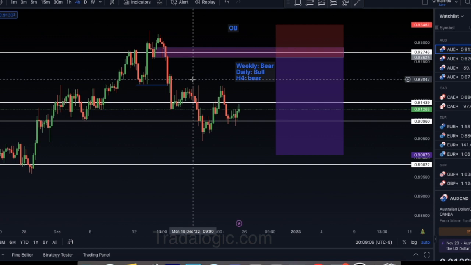I was not able to handle it when my position was in drawdown, and I had FOMO, and I couldn't hold my trade. When I was winning, I was cutting my trade short, and when I was losing, I was letting my trade run all the way to my stop loss.